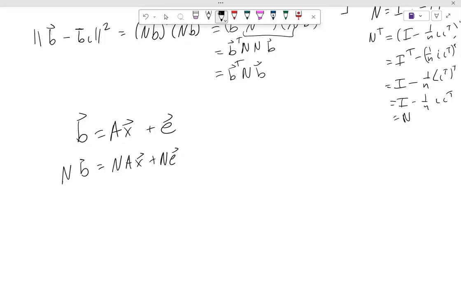Now, I'm not going to go through it because it requires a little bit of technical things. When I take the n times the e vector, as long as your model has a constant term, and that was the technical part that I'm going to gloss over, that n times e will always come back to e again. It doesn't change the e vector at all.